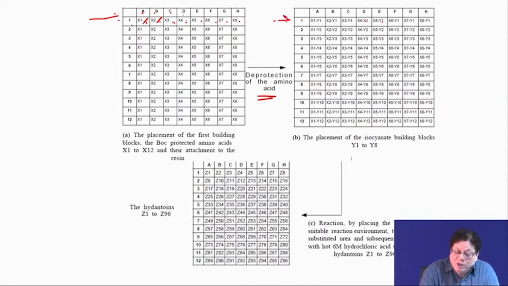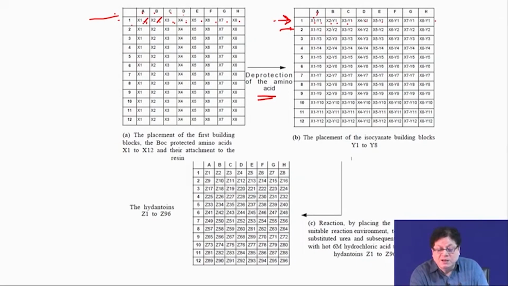Now, you add the second amino acid, the same amino acid on this side, on the row. So, you add the same amino acid on this row. So, what you will get is X1 Y1, X2 Y1, X3 Y1. So, Y1 will be attached to all the beads via the X. Okay. And in the second one, you are adding only Y2. So, you get X1 Y2, X2 Y2.